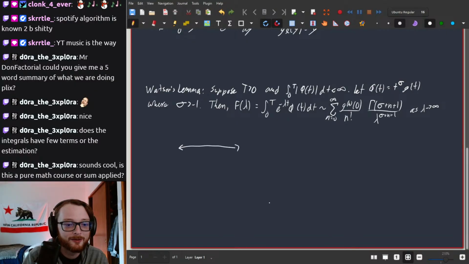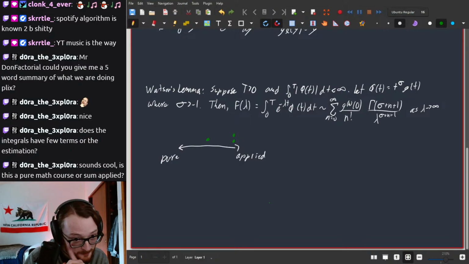If this is the pure end of the spectrum and this is the applied end, I would put this class right in the middle. And my other two classes are pretty freaking applied. So this is a relatively more theoretical class than my other ones. If a pure mathematician was taking this class, they probably would be really mad at all the stuff we're doing though. So it's kind of like 50-50.